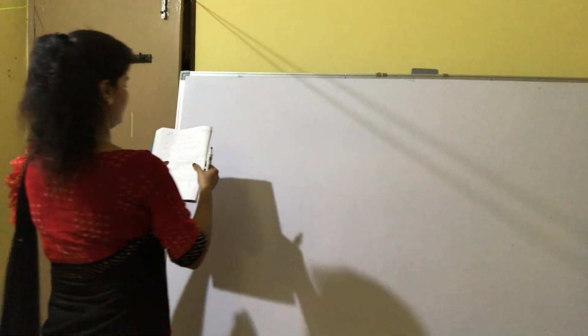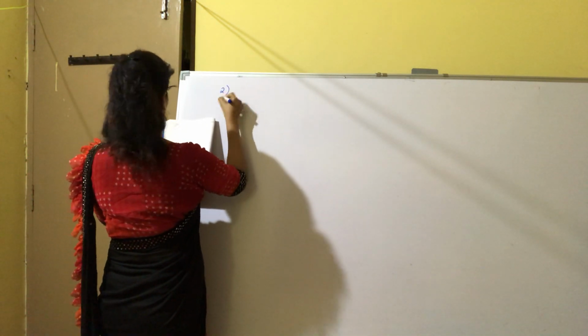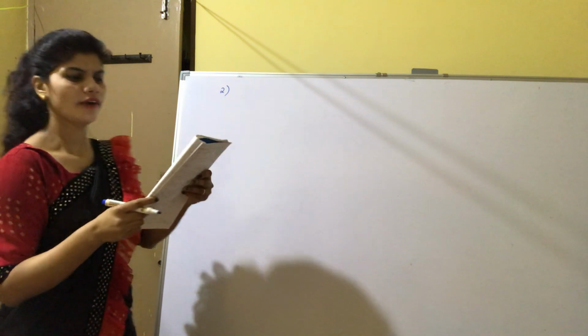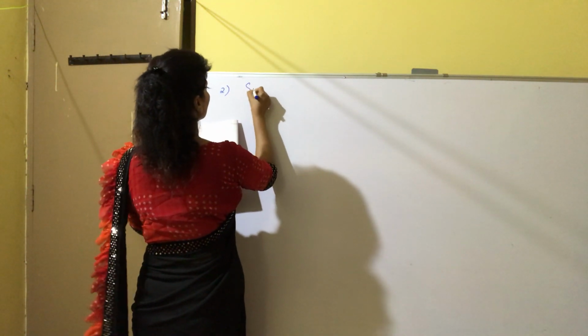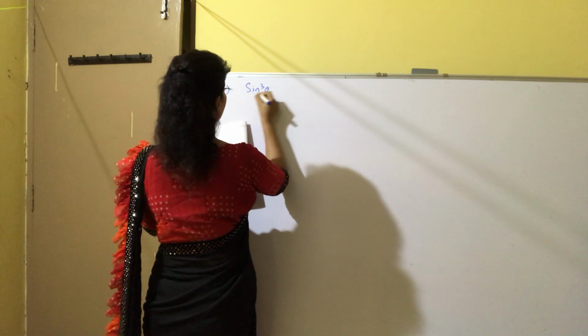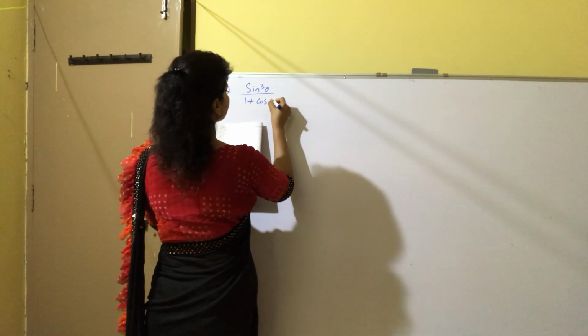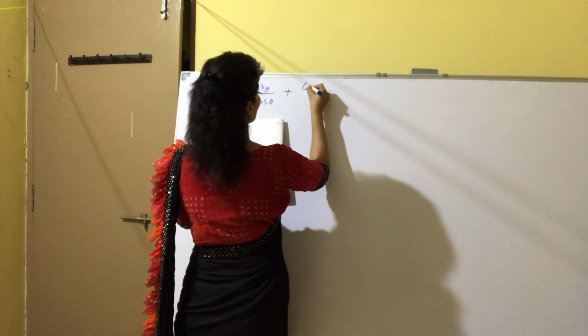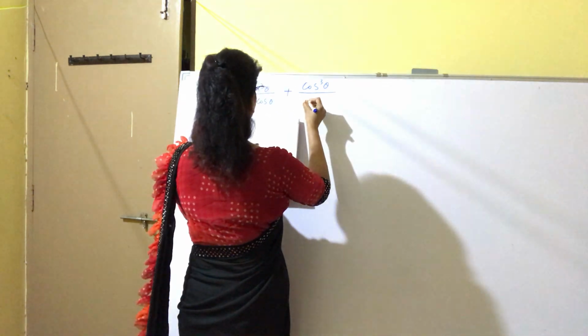So the second question is, find the value of sine cube theta upon 1 plus cos theta, plus cos cube theta upon 1 minus sine theta.